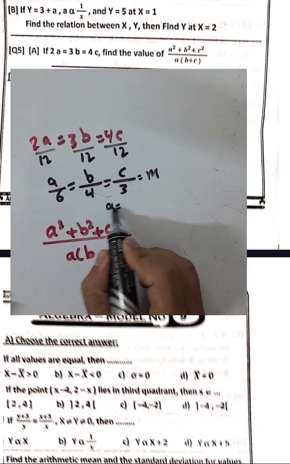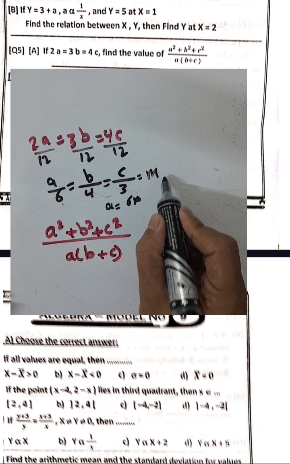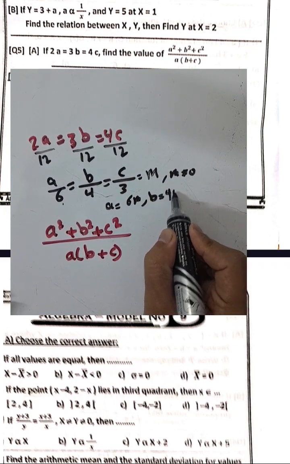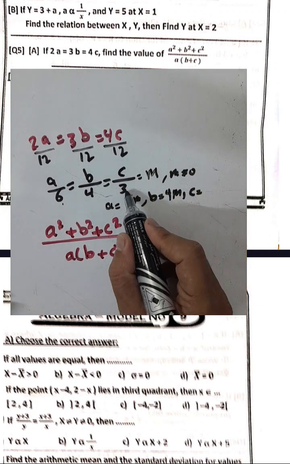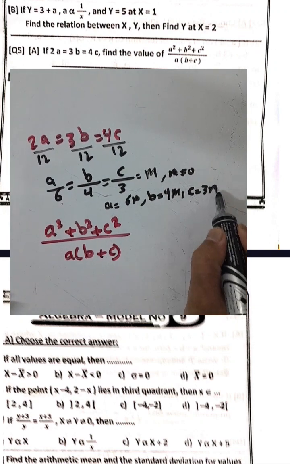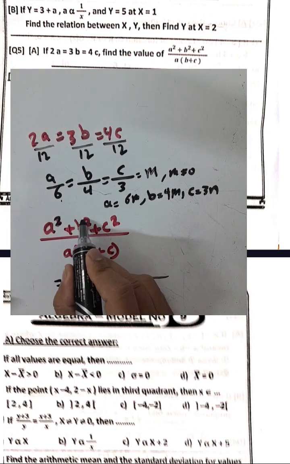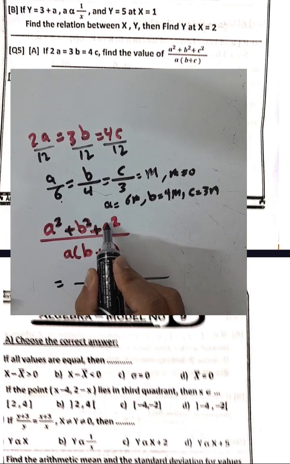Then A will be 6 times M, where M is not equal to 0, and B equals 4M, and C equals 3 times M. Then you can write A power 2 plus B power 2 plus C power 2.